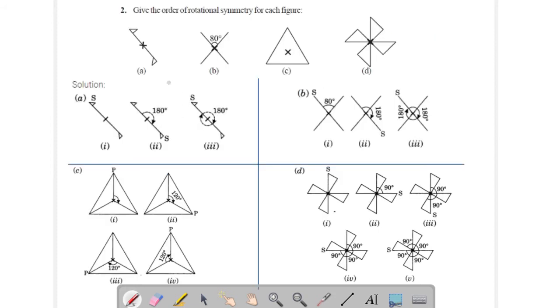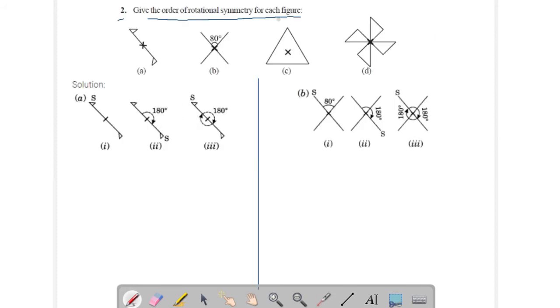Come to question number 2. The order of rotational symmetry for each of the figures. See the solution. A part. Let us take a point S on one end of the given figure. Rotate by 180 degrees. S comes at the other end and then again rotate 180 degrees. It comes at its original position.